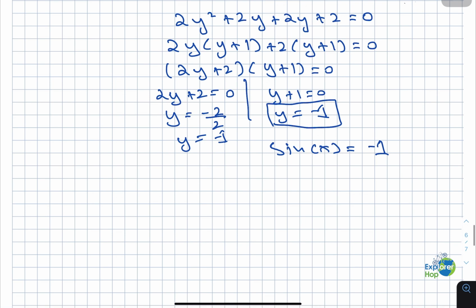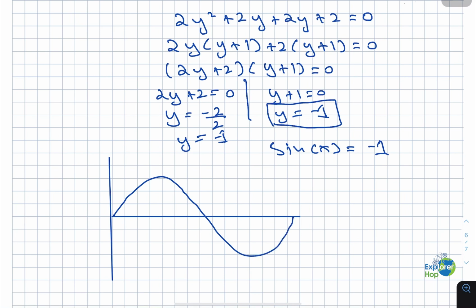And now we can make the sine graph. The sine graph is drawn out like this, where this is 1, this is minus 1, this is 0, this is pi, and this is 2 pi, this is pi by 2, this is 3 pi by 2.